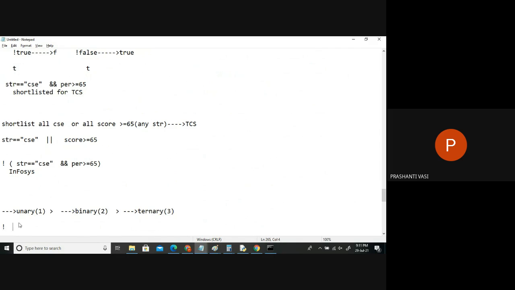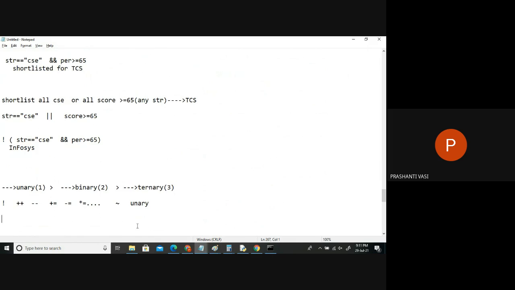This is NOT. We have plus plus or minus minus, or arithmetic with assignment, like minus equal to, multiplication equal to, and another bitwise operator called complement. So definitely these will be found higher than the remaining binary or ternary operators. So these are the set of unary operators.